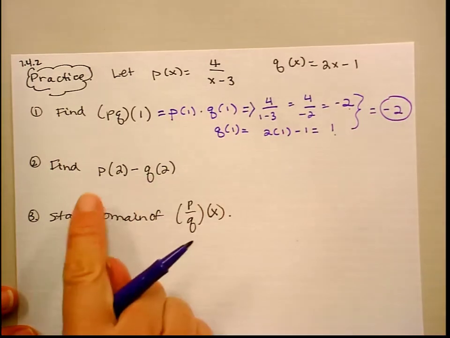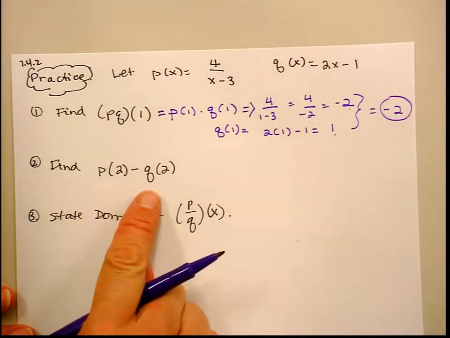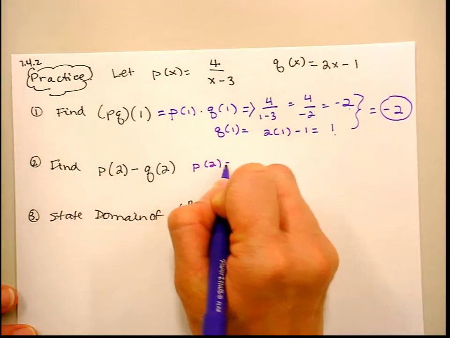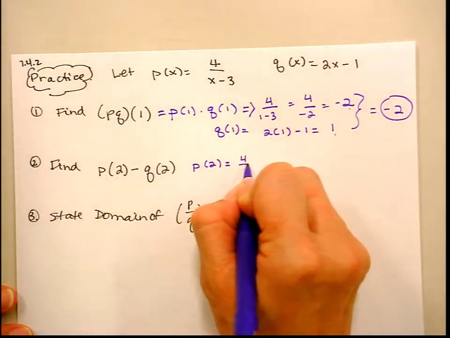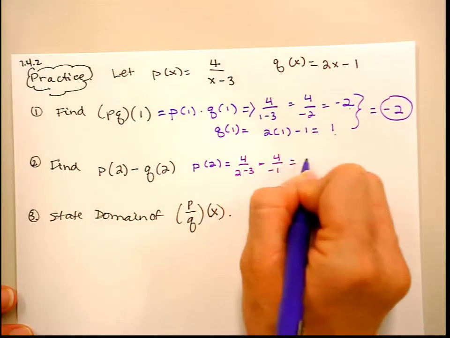Okay. And then, question 2, p of 2 minus q of 2. So p of 2, I'll write it a little differently this time. P of 2, 4 over 2 minus 3, 4 over negative 1. So that's negative 4.